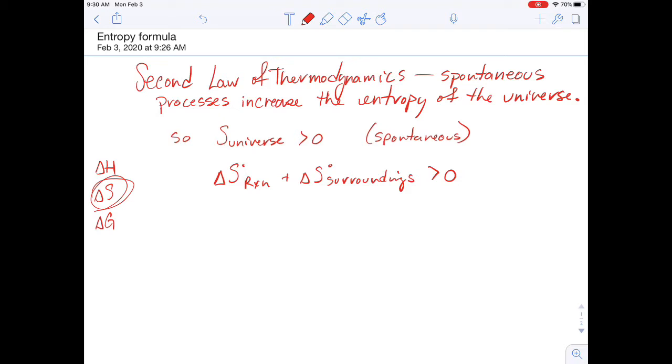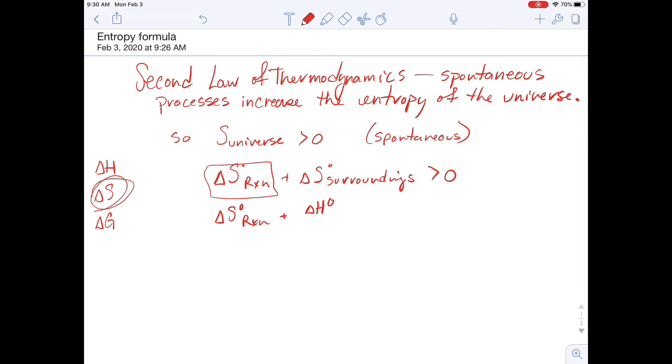And so specifically, the reaction would be spontaneous because the sum of the reaction's entropy and the surroundings entropy increase.